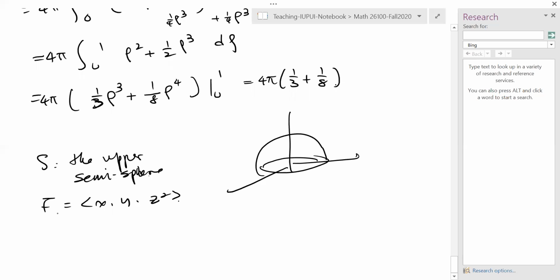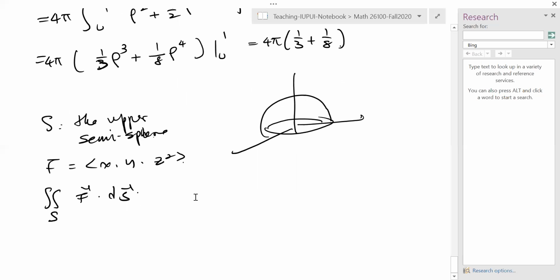So evaluate this surface integral. Okay, how do you do that? You cannot apply the divergence theorem directly to this problem. S is not a closed surface.